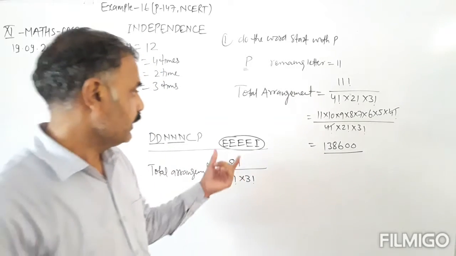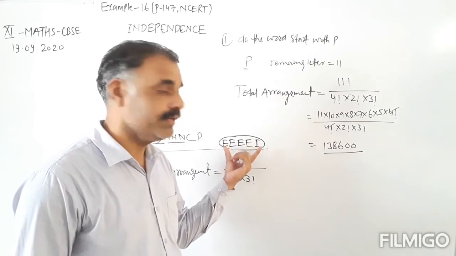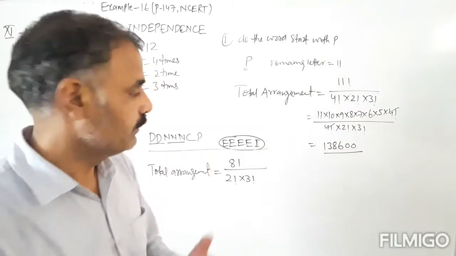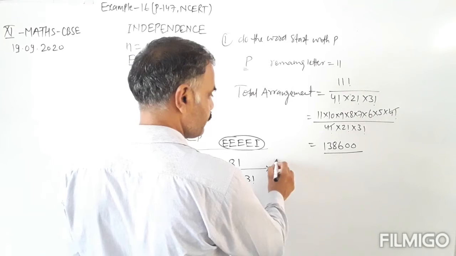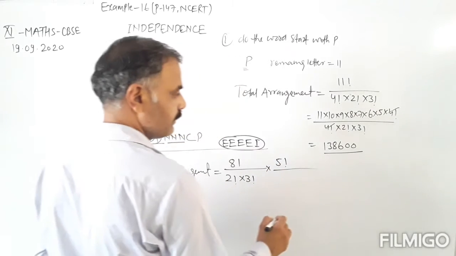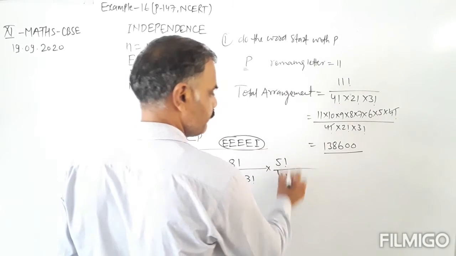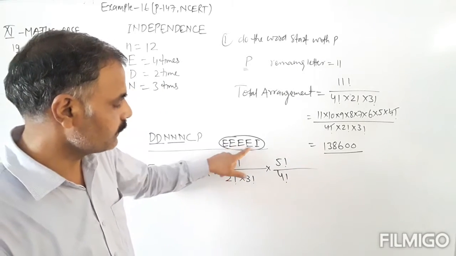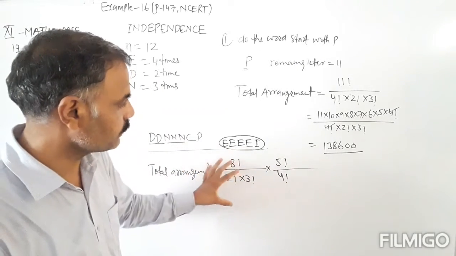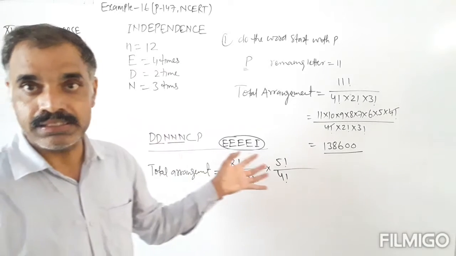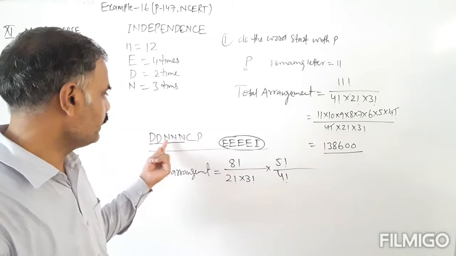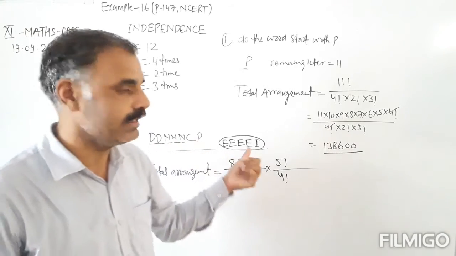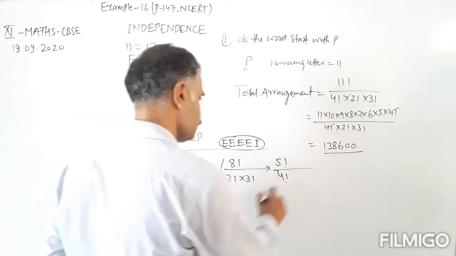But here the 5 vowels bunched together also have to be arranged among themselves, by factorial 5 divided by factorial 4. So this is the arrangement of vowels, and this is the total arrangement of the 8 letters: D, N, C, P and the vowel bunch.